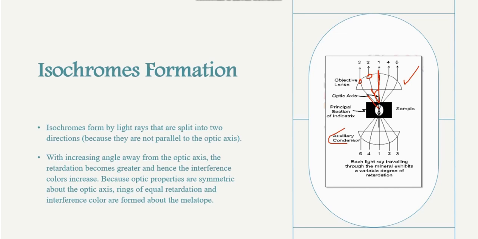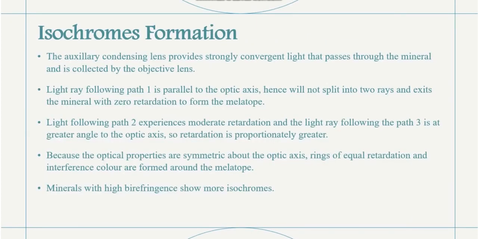Now let's ask ourselves what happens if a mineral has high birefringence. If it has high birefringence, it will show more isochromes. So with this picture in mind, let's talk about isochrome formation.